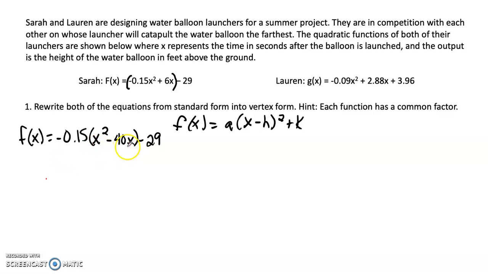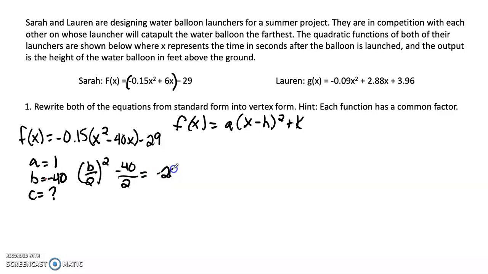So from here, I'm going to complete the square with what's inside the parentheses. My a is 1, my b is negative 40, and I'm trying to find my c. In order to find my c, I'm going to take my b divided by 2 and square it. Negative 40 divided by 2 gives me negative 20, and negative 20 squared gives me 400.